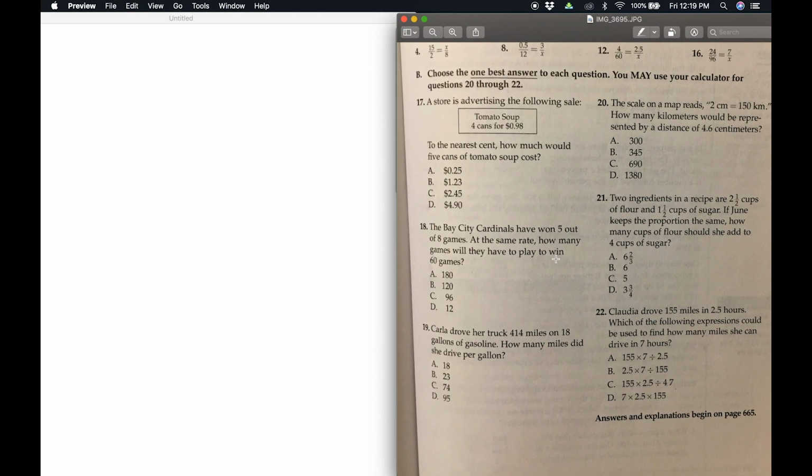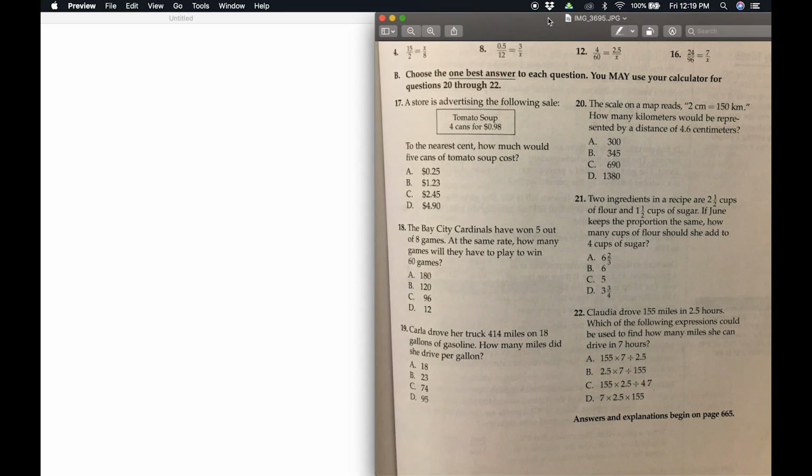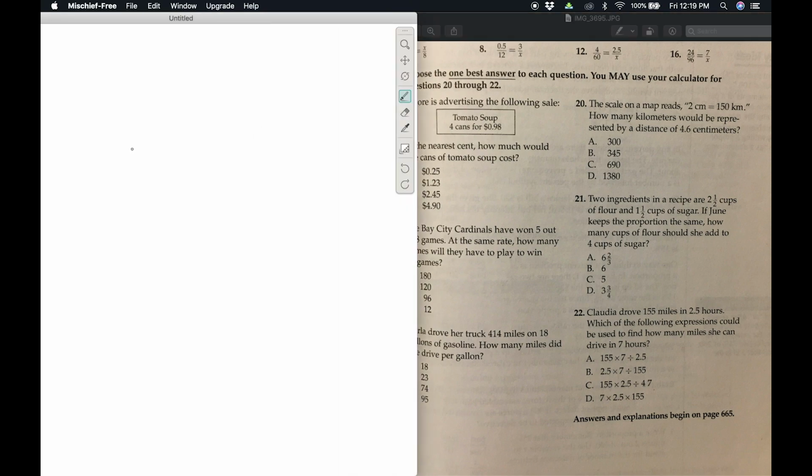Okay, 20. The scale on a map reads 2 centimeters per 150 kilometers. So 2 centimeters per 150 kilometers. How many kilometers would be represented by a distance of 4.6 centimeters?